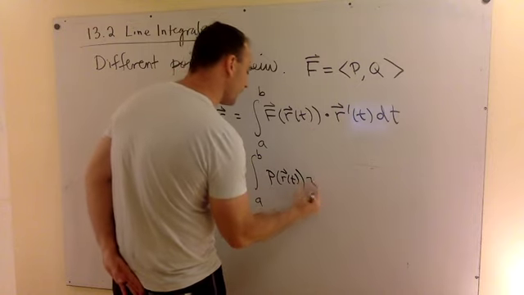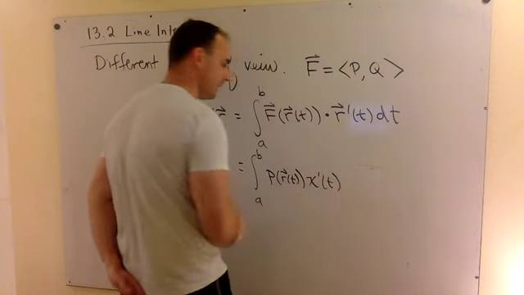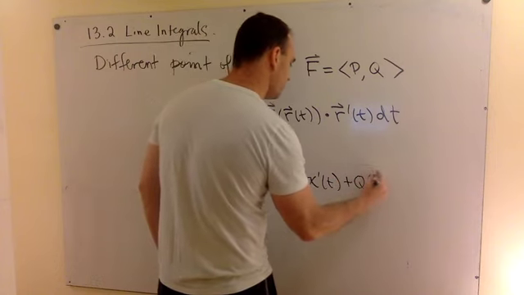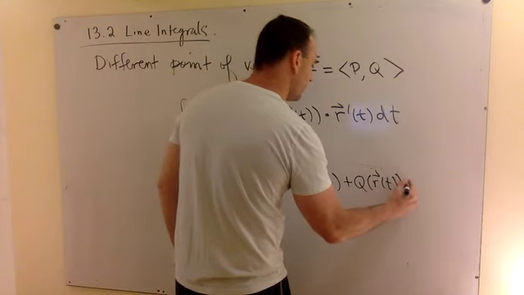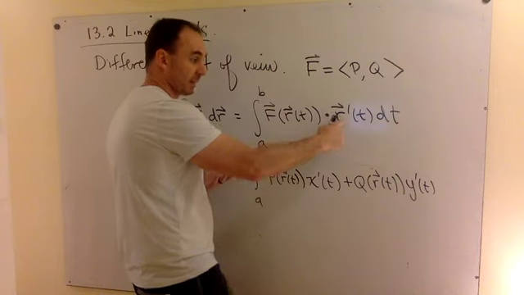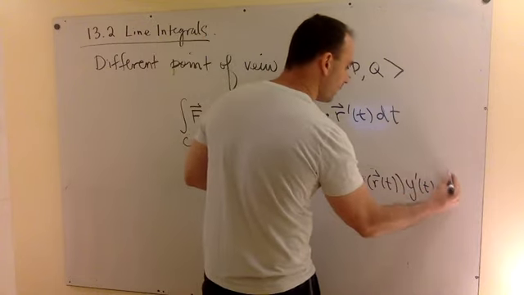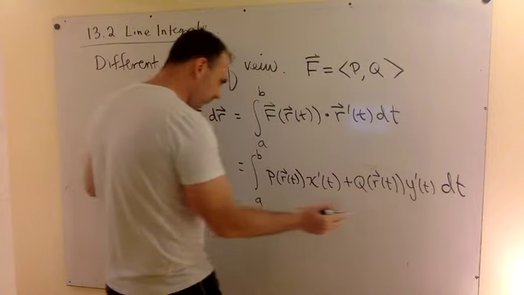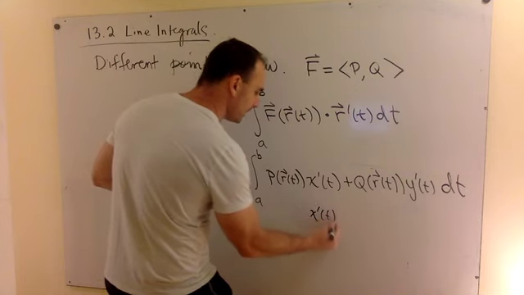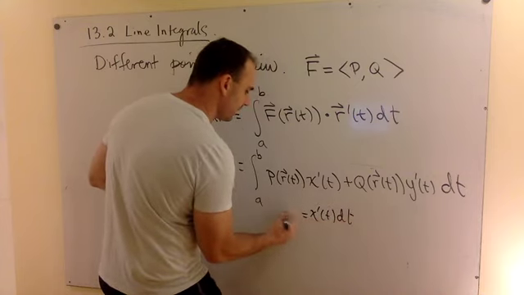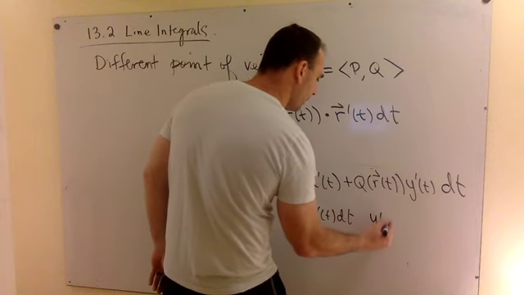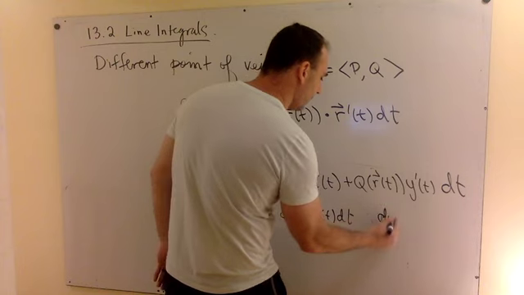Dotted, when I do the dot product, I get x prime of t dt. And then I have Q of R of t, and then I get y prime. The x prime and the y prime are coming from this vector, dt. And when I multiply these in, x prime t dt, that's actually dx, and y prime t dt is dy.